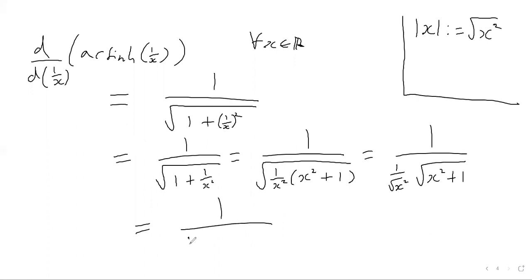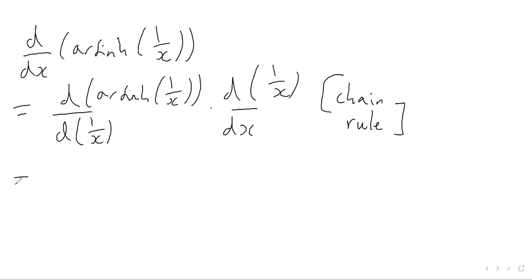So 1 over the modulus of x, multiplied by the square root of x squared plus 1. Okay, so that's what happens when we differentiate our arsinh of 1 over x with respect to 1 over x. So yeah, we get 1 over the modulus of x multiplied by the square root of x squared plus 1.